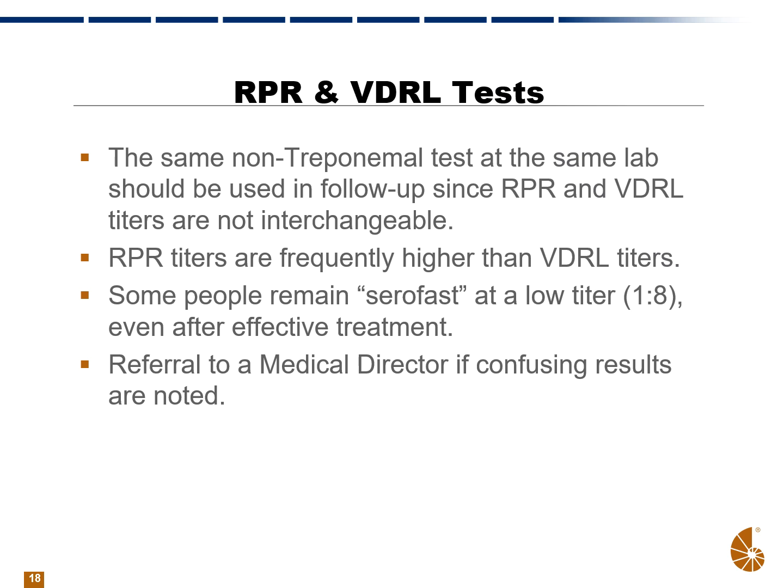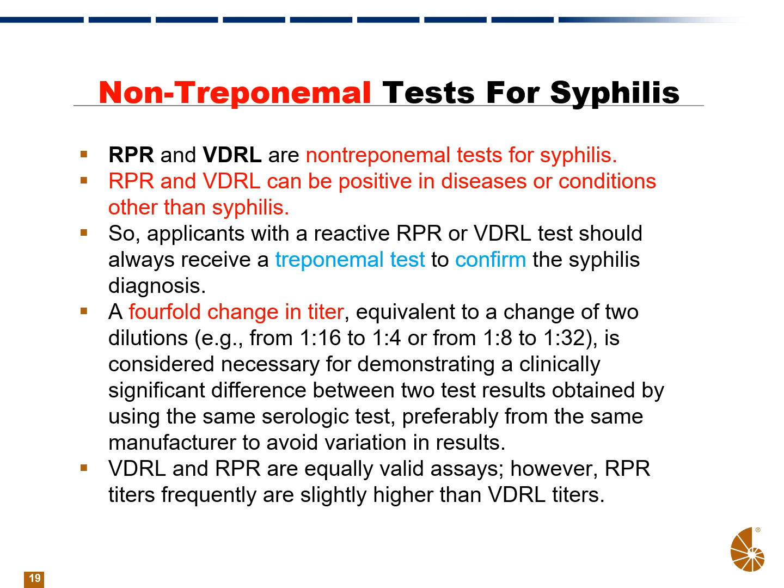So you can refer to your medical director if you get confusing results. The non-treponemal tests for syphilis are this RPR and VDRL, and they can be positive in diseases or conditions other than syphilis. So that's why algorithms are used to make sure that the person indeed has syphilis and not some other disease with a false positive RPR reading.